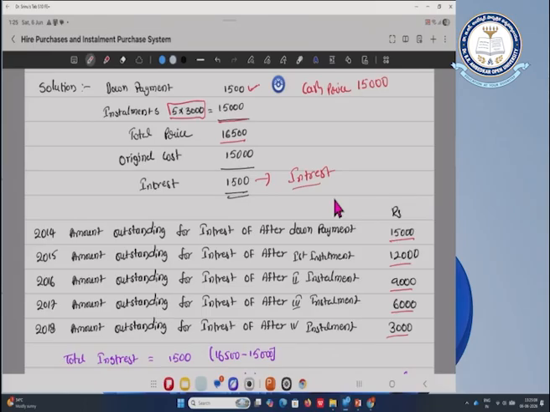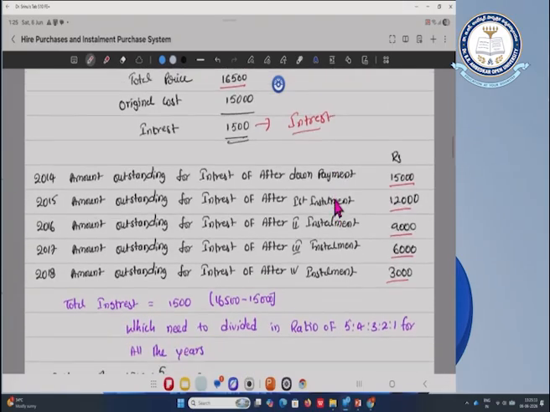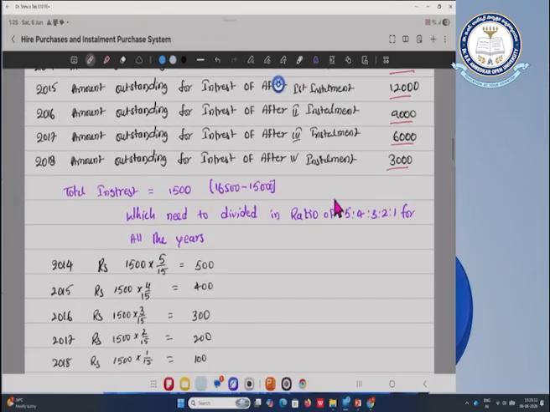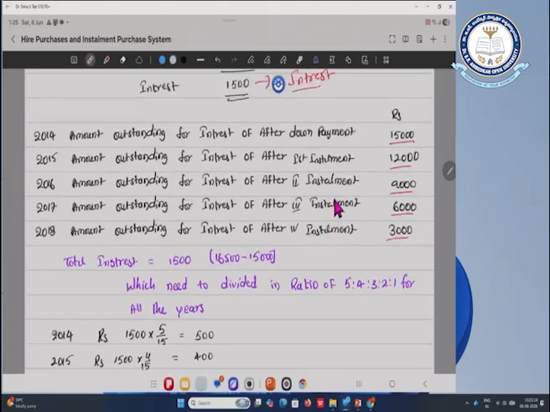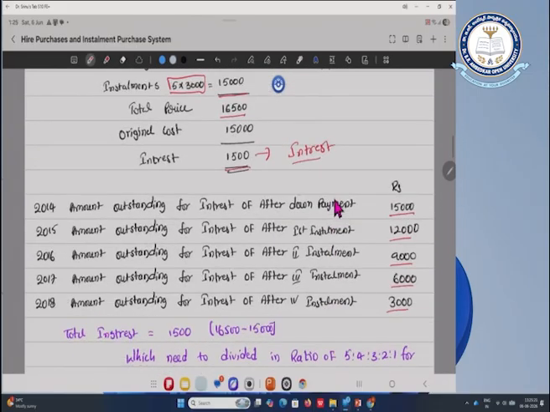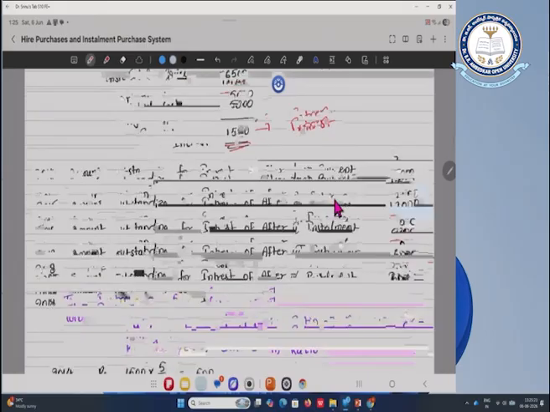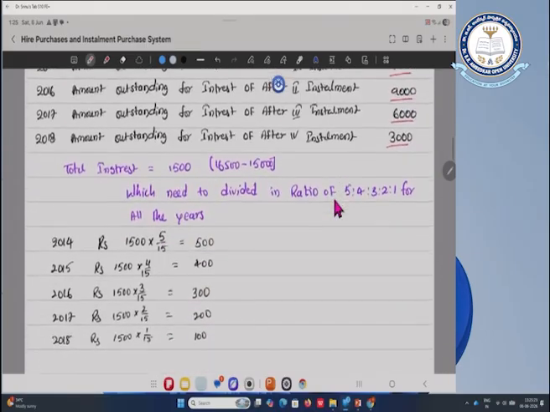On this balance only we have to calculate the interest. So how to calculate the interest? First, how much total interest did we pay? As discussed earlier, 1,500 rupees is our interest. How many years? 5 years.